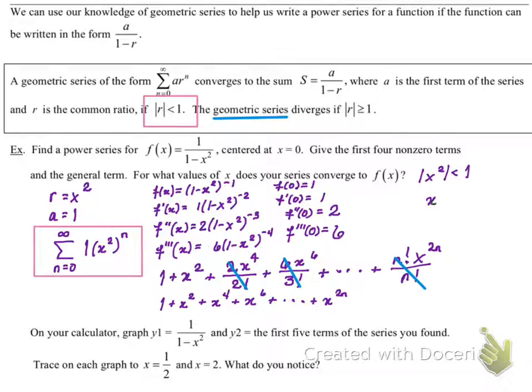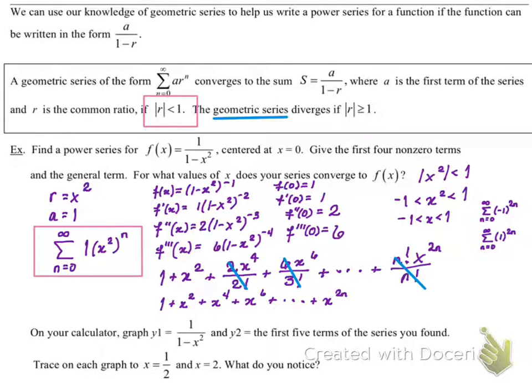Well, this means that x squared is somewhere between 1 and negative 1, which also means that x is somewhere between negative 1 and 1. Now we need to check our endpoints.